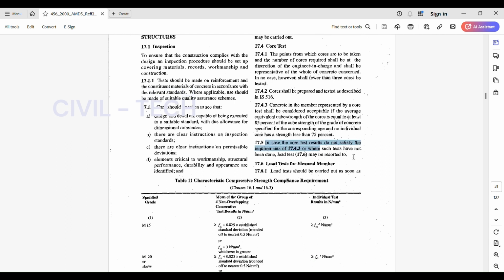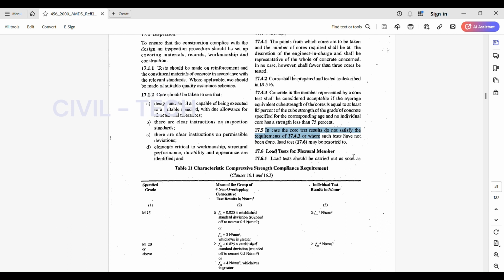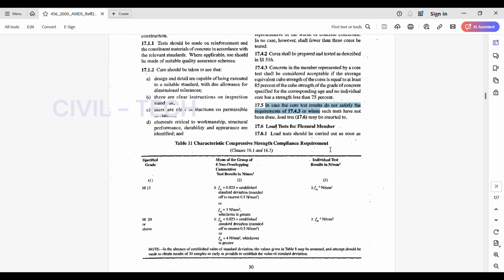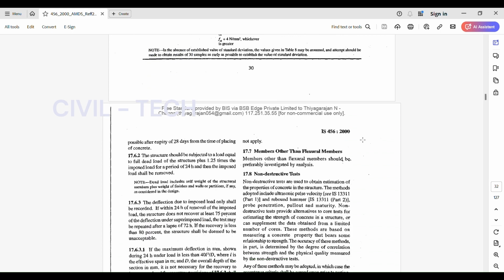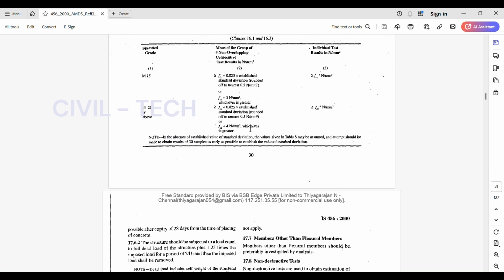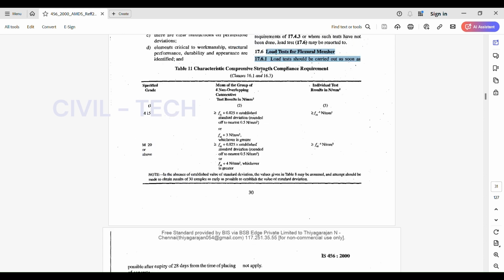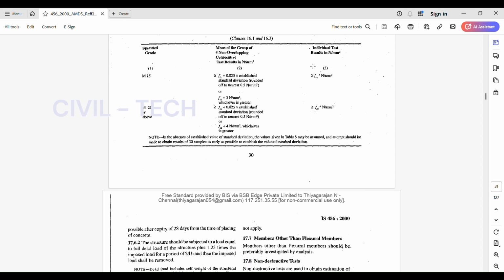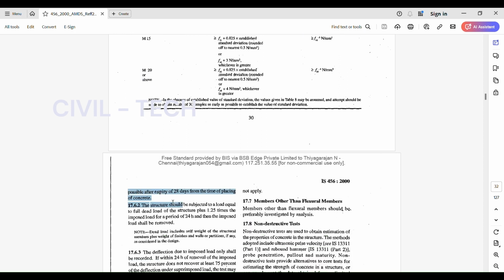If the core test is not satisfied, we can do the load test. The load test is for flexural members. We can carry out the load test in flexural members only. Other than flexural members, we can do other analysis. The load test should be carried out as soon as possible after expiry of 28 days from the time of placing of concrete.